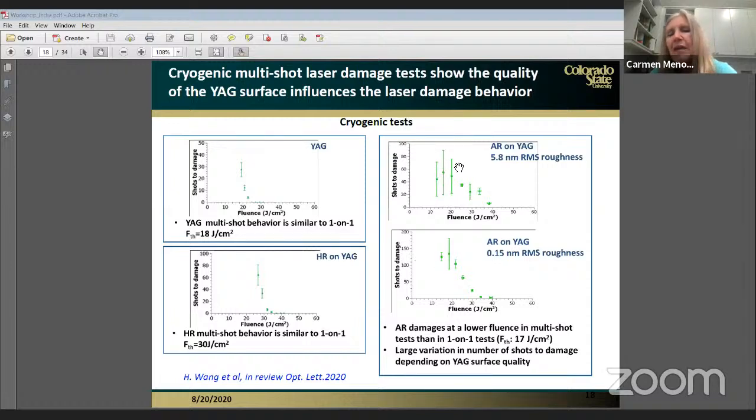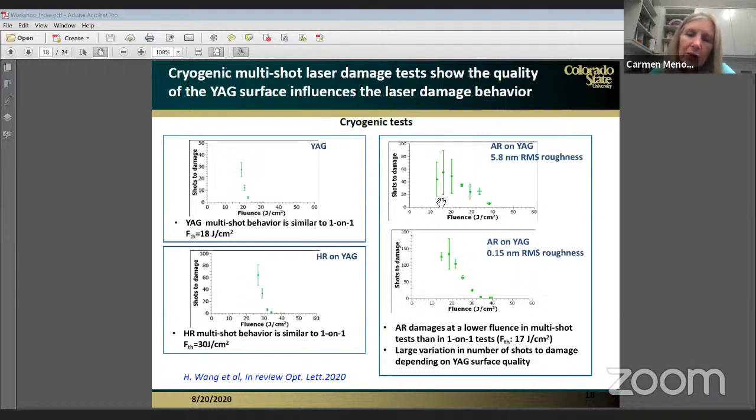So what this told us, whenever we looked at this data originally, we said, oh, there's something happening here. And so what we did is we first associated this behavior to the influence of the substrate. And so we sent the substrate to polish to a much better surface roughness.